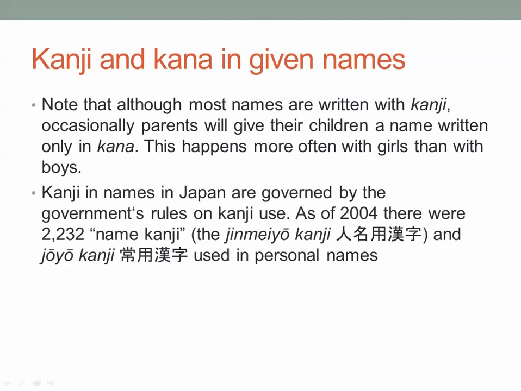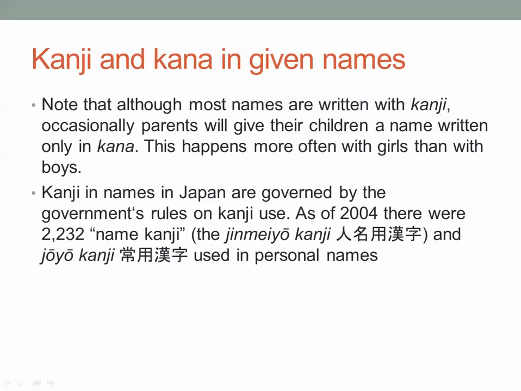The kanji that are used in names in Japan are governed by the government's rules on kanji use, in other words, the Ministry of Education. As of 2004, there were 2,232 name kanji, the so-called Jinmei-yo kanji, and those are a subset of the Joyo kanji.